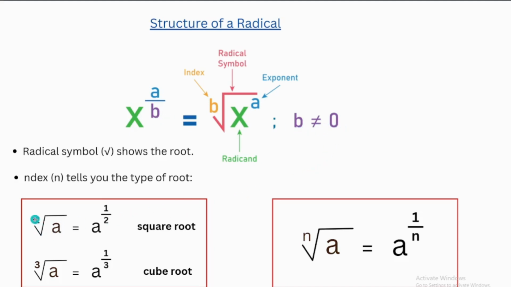For example, the square root of a is equal to a to the power half. This is a square root. We don't always put 2 here. When there is no number here, that indicates a square root. The cube root is equal to a to the power one third. So the root of a with index n will be a to the power 1 over n.